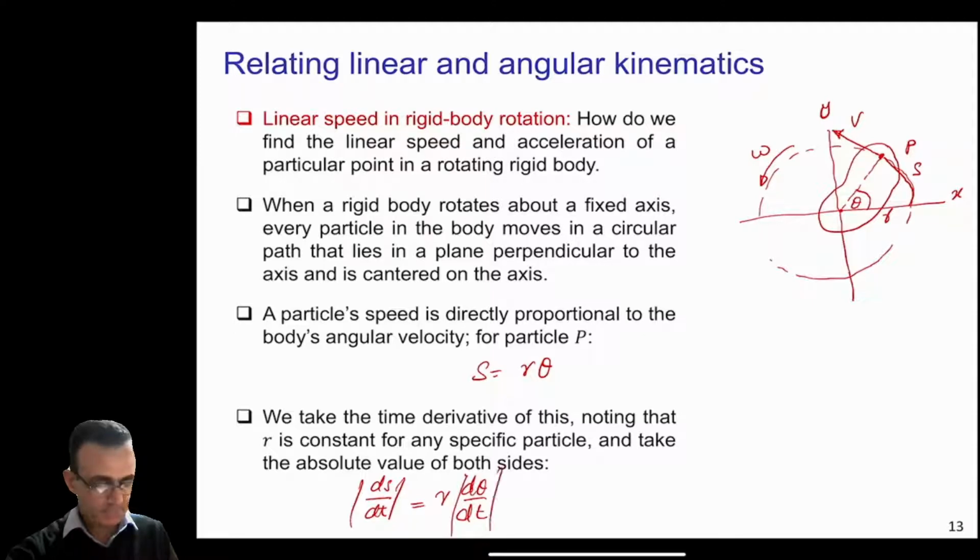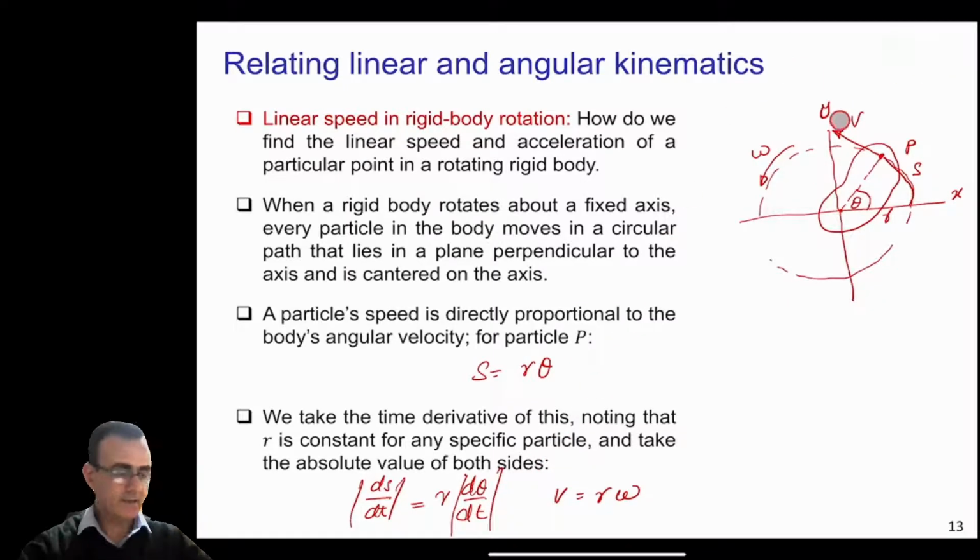If we just take the positive values, we don't need to worry about the negative values of the velocities and angular velocities. This means that ds by dt is just v, and d theta by dt is just omega. So we can write v in terms of omega: v is equal to r omega.